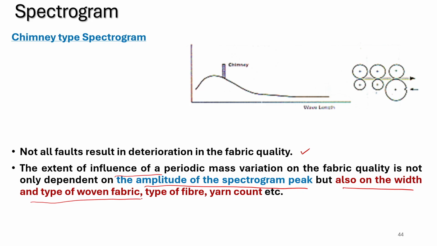So, if there is a periodic wave and its width matches that of the fabric, we will get some special defect which is not acceptable.